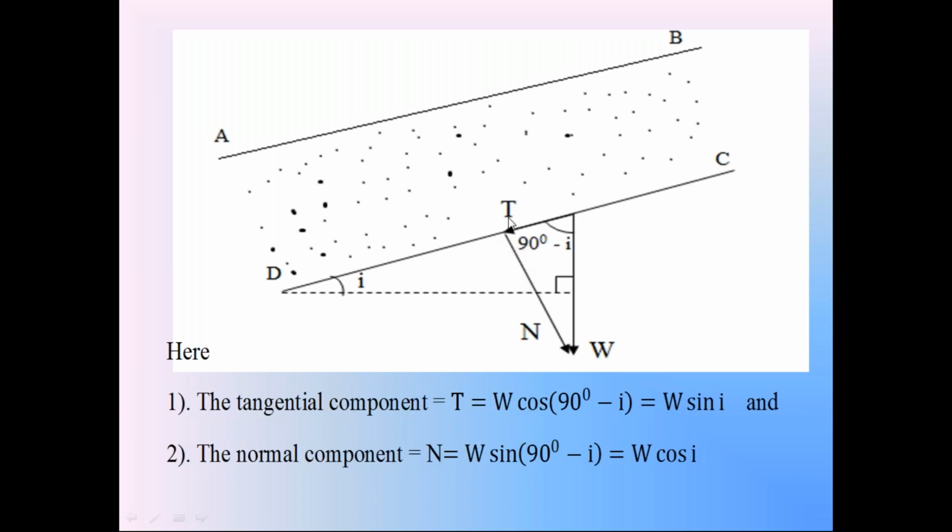We know that the tangential component T is equal to W cos(90 minus i), which is W sin i. Then the normal component N is equal to W sin(90 minus i), which is W cos i. So the tangential component T is W sin i, and the normal component N is W cos i.